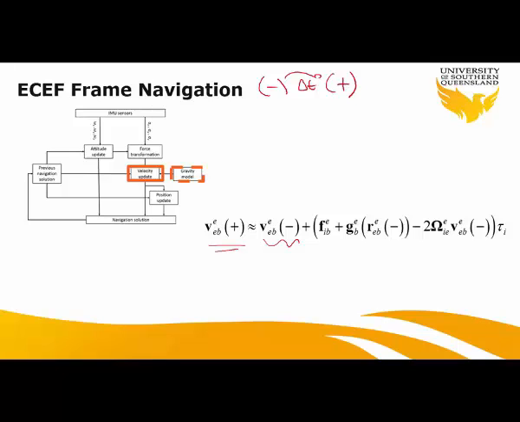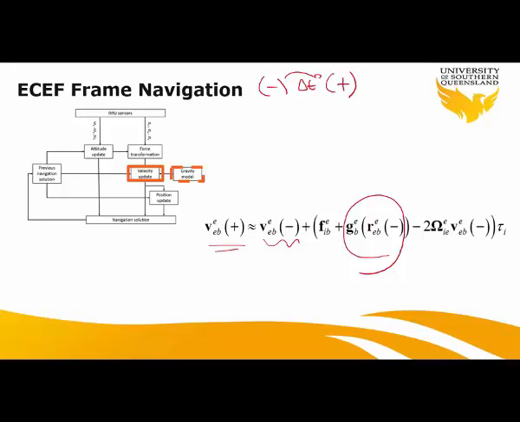If you remember, because the rotation of the Earth is constant, we still need to consider the centrifugal and Coriolis terms due to the rotation of those two frames with respect to each other. We also need to separate the effect of the acceleration due to gravity, as I've taught.